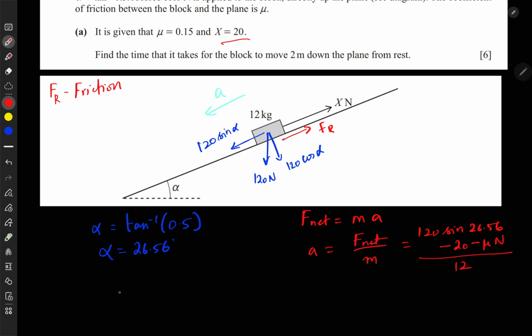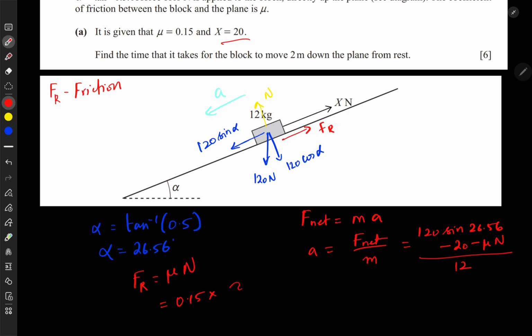So find Fr first. Mu is 0.15, and N, the reaction force, is equivalent to 120 cos alpha.